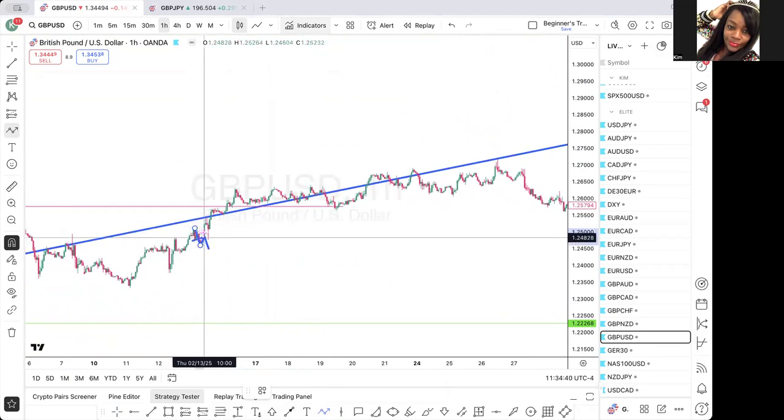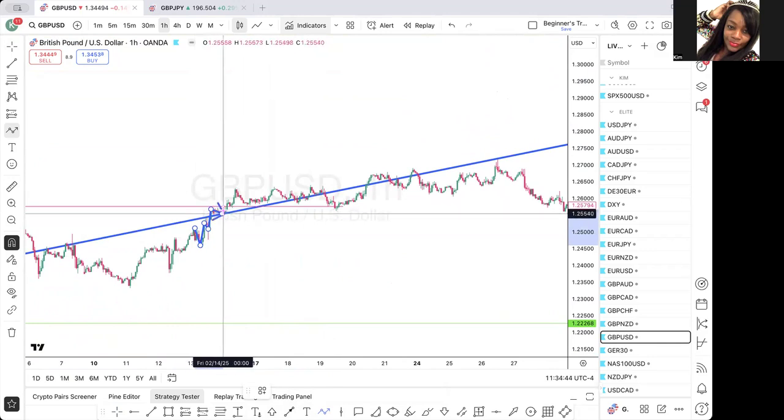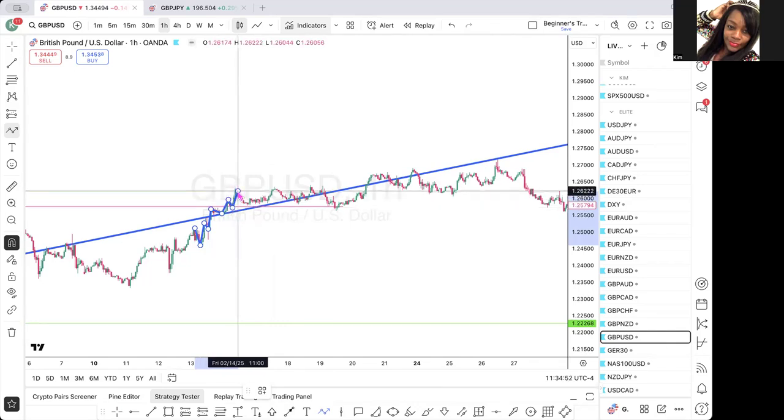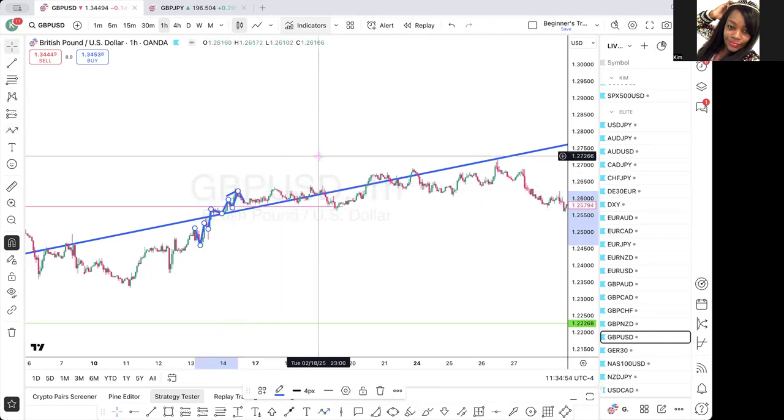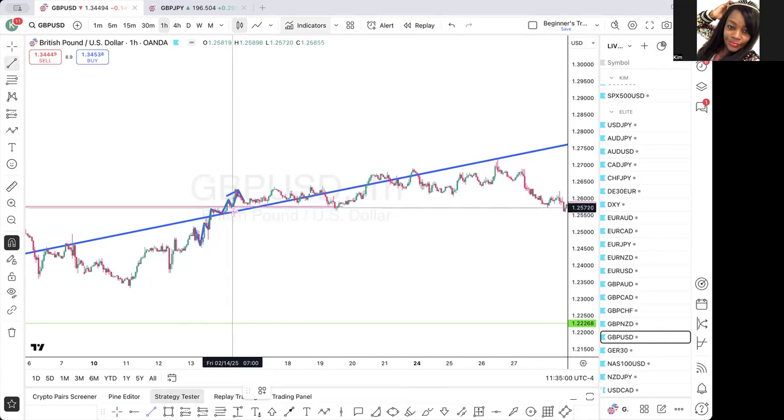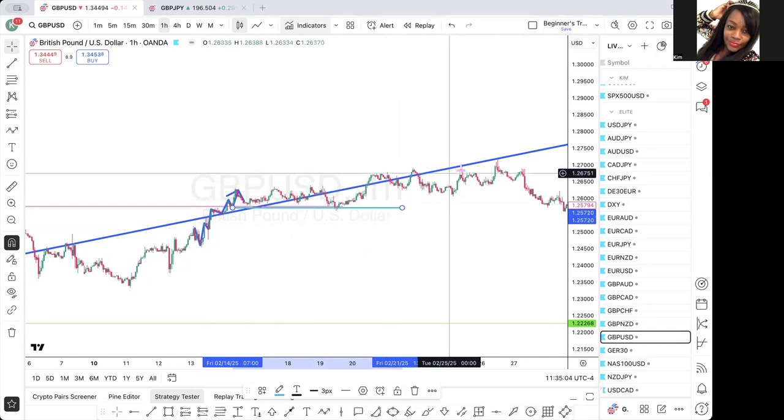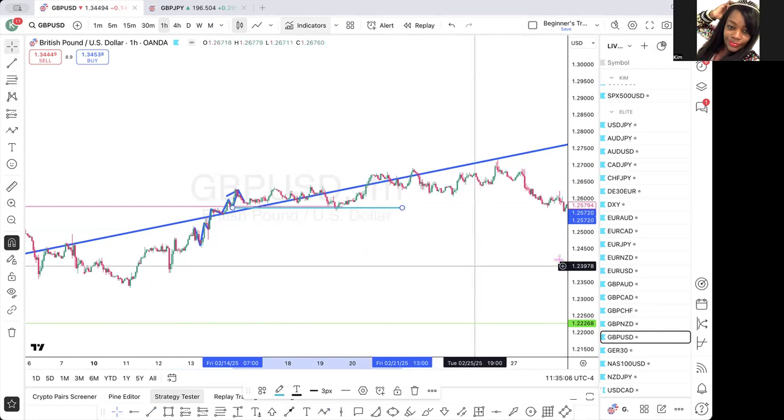So you had this push down, this push up, this push down, this push up, and price tapped that high. This push down, this push up. So the last internal structure of this move was this low right here. Okay. Do y'all see that?